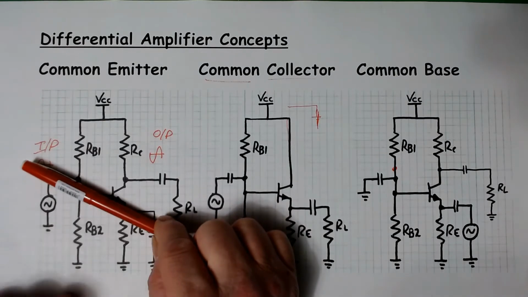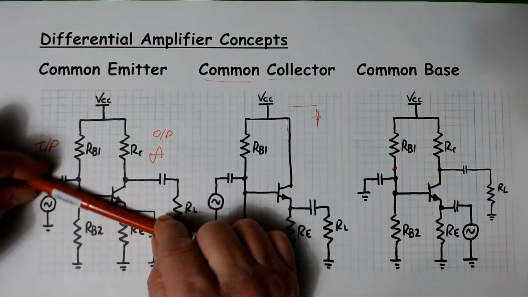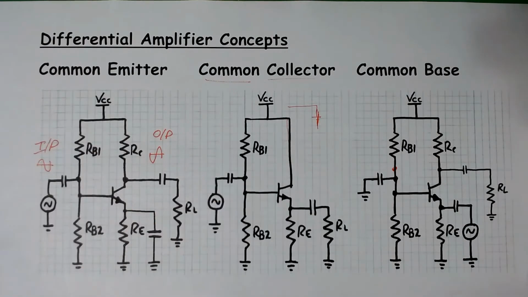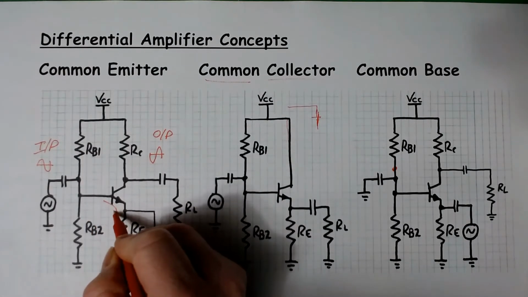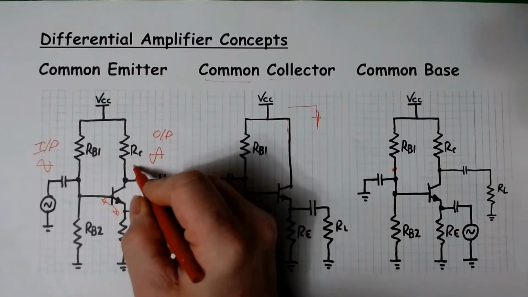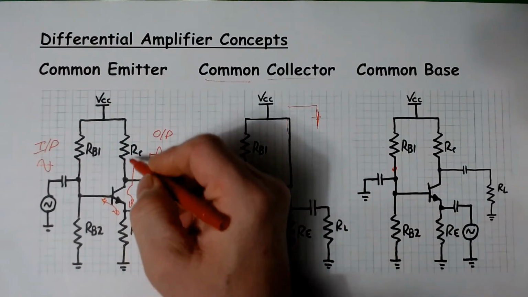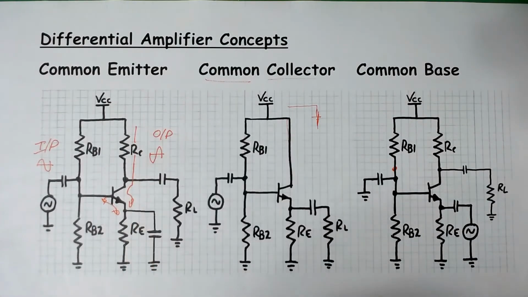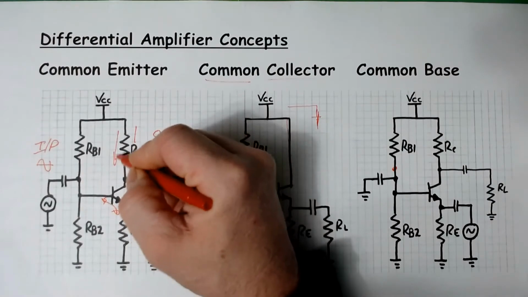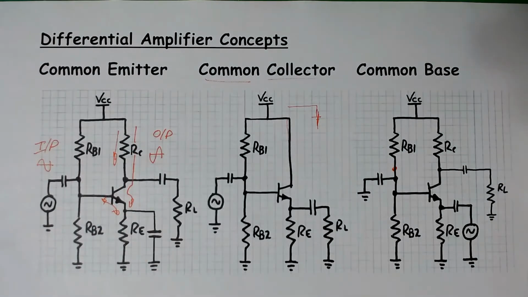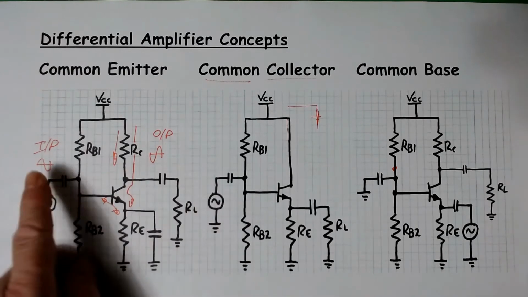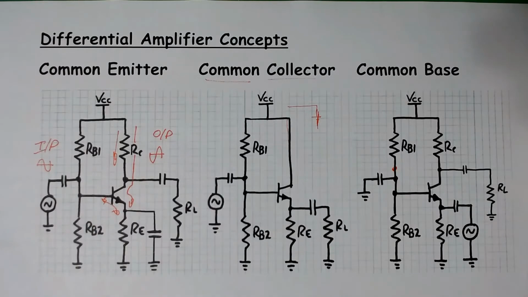We're grounding this point, and then when we wiggle the base voltage up and down, we create a changing base emitter current, which gets amplified by beta and results in a big change in the collector current. That collector current is put through a collector resistor, which results in a large voltage swing on the collector. And it's out of phase. Put in this, get that out.